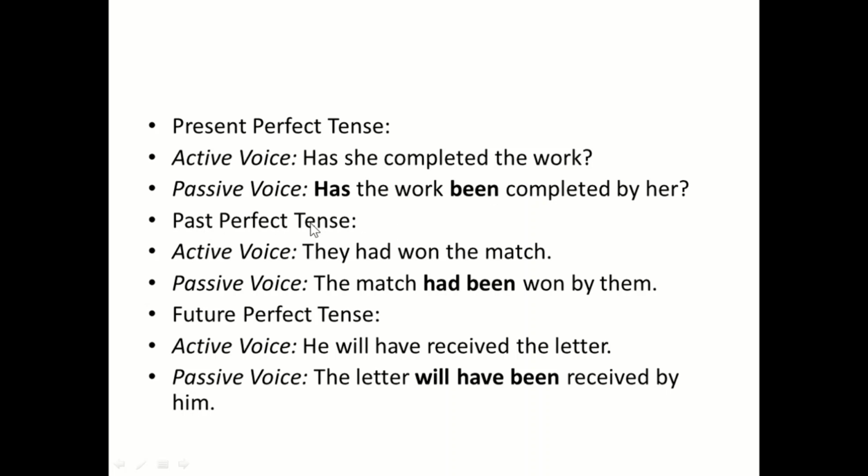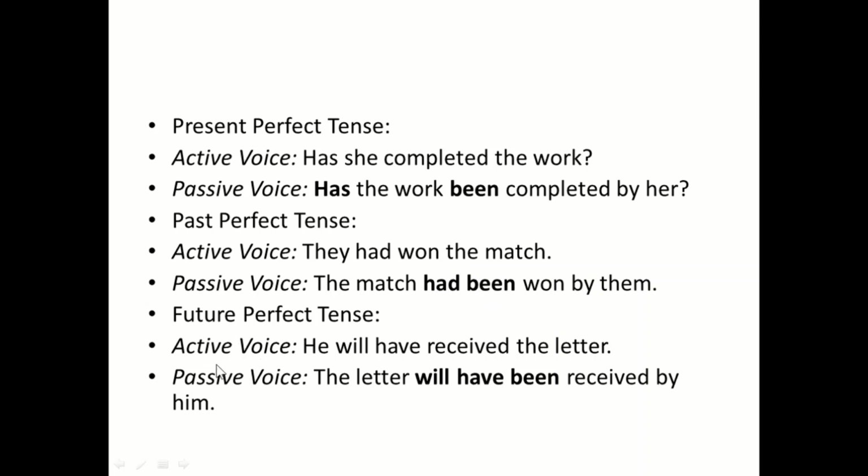Past perfect tense. Active voice: they had won the match. Passive voice: the match had been won by them. Now they will be changed into them, as you can see here. Had will remain had. Won is as usual the third form, so we are using the same, but because this is perfect tense, we are using been here.